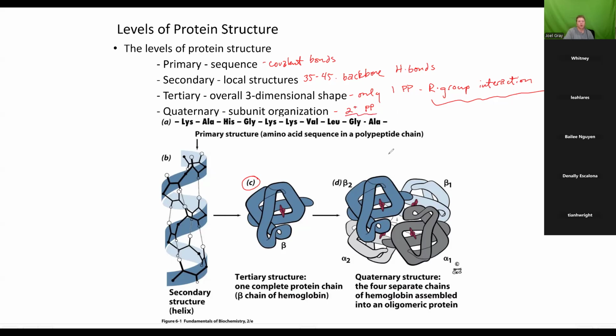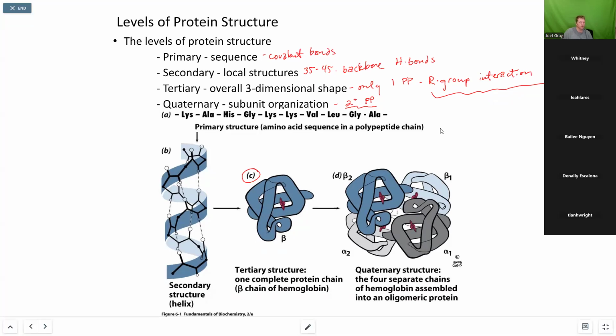So, are there hydrogen bonds that can stabilize a quaternary structure? Yes. What about ionic interactions? Absolutely. There are numerous different types of interactions, but essentially the difference between the tertiary and quaternary structure is really just that you have additional polypeptides involved.